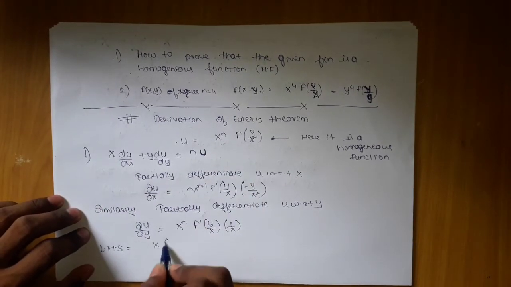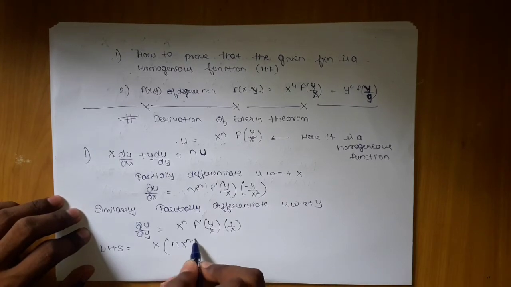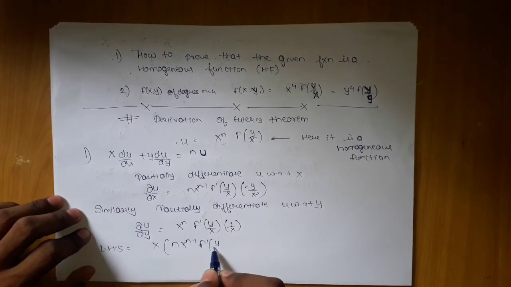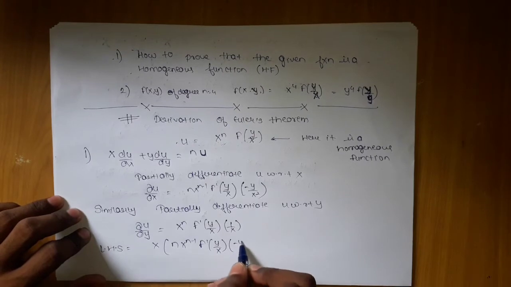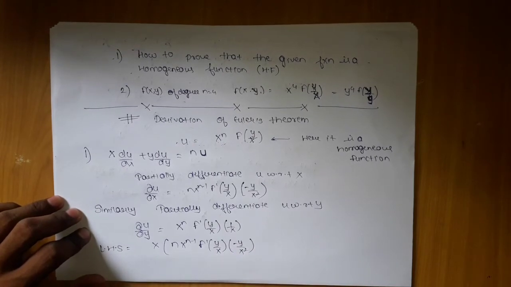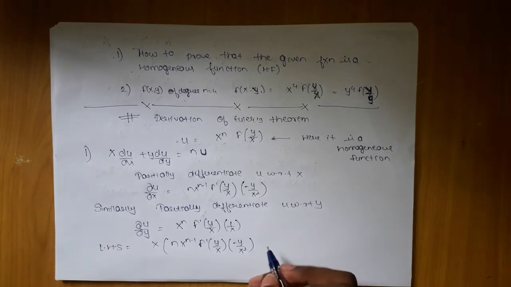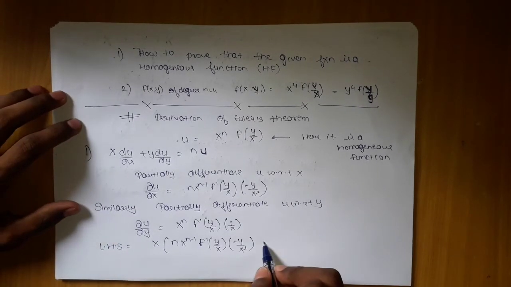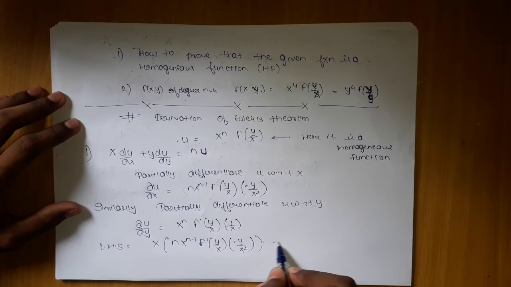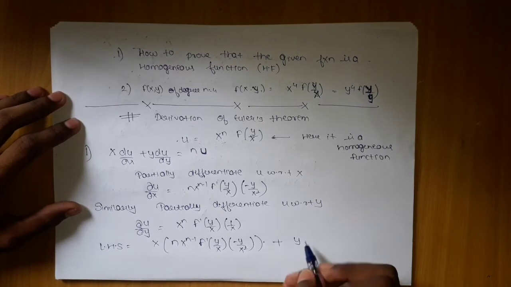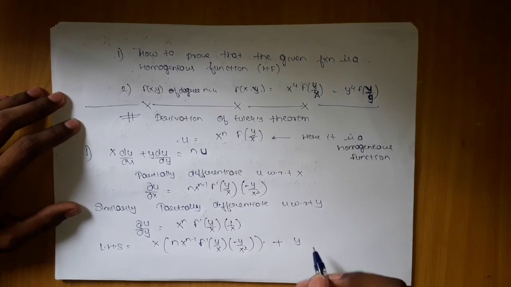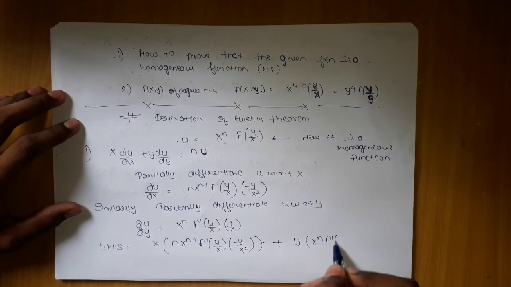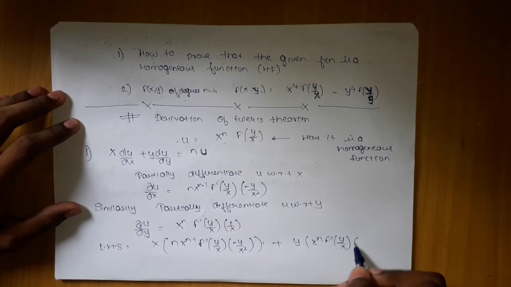It will be x into n x power n minus 1 f dash y by x into minus y by x square. And if you observe, here we have y into dou u by dou y, which is x power n f dash y by x into 1 by x.